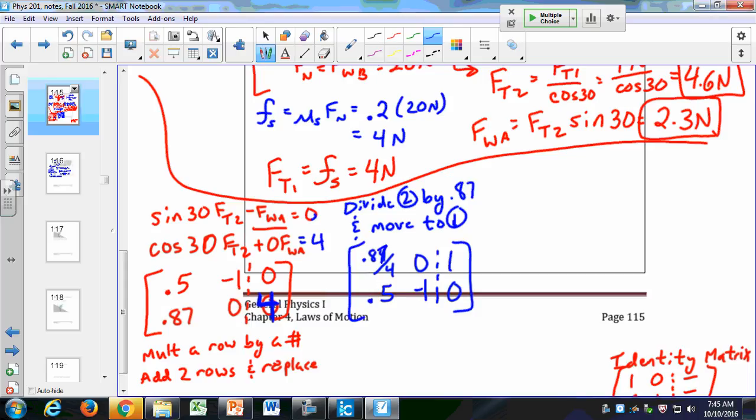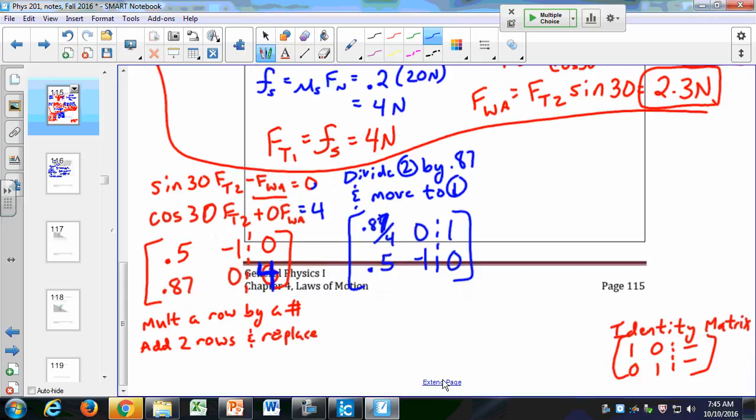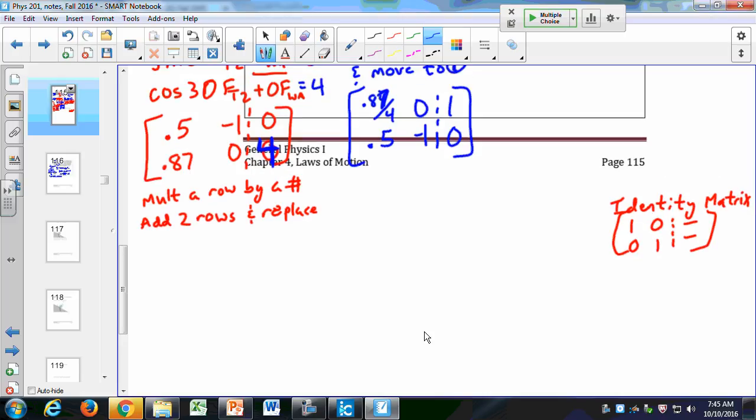Should be 0.87. And so that gives me 0.87 divided by 4 is, what is it?